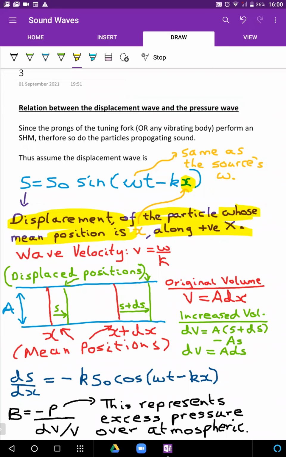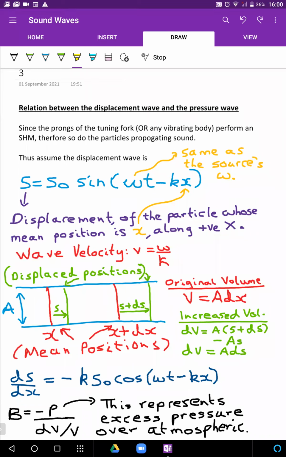So this equation tells me where a particle whose mean position was x has been displaced to, but I can at least identify each different particle with its mean position. The mean position is unique for all particles in a line. The particle will be going back and forth around it, but the mean position is originally unique for everyone.